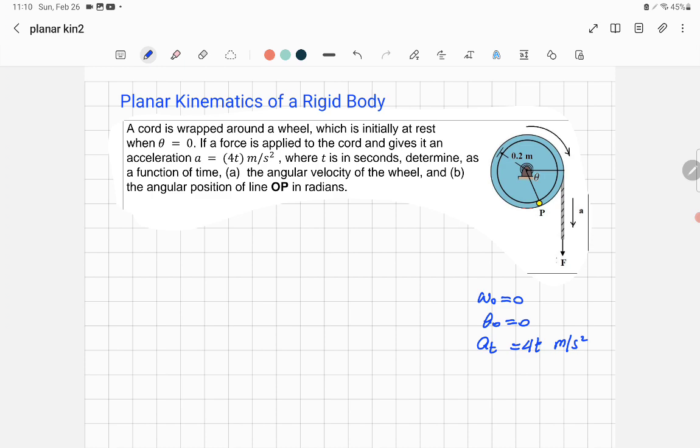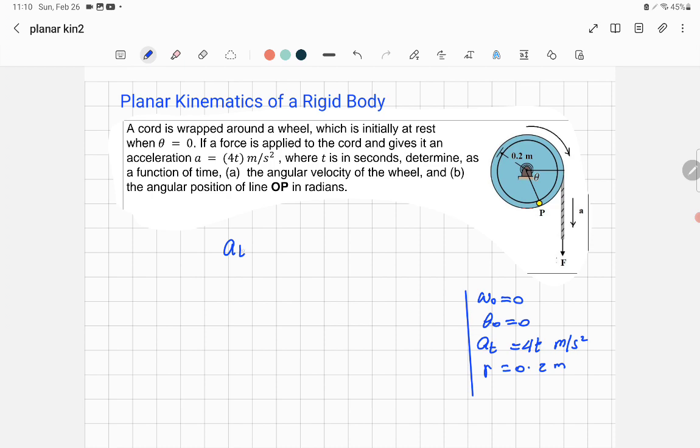And the radius is given on the graph here, 0.2 meters. So let's write r is equal to 0.2 meter. What are the most important equations related to this one?